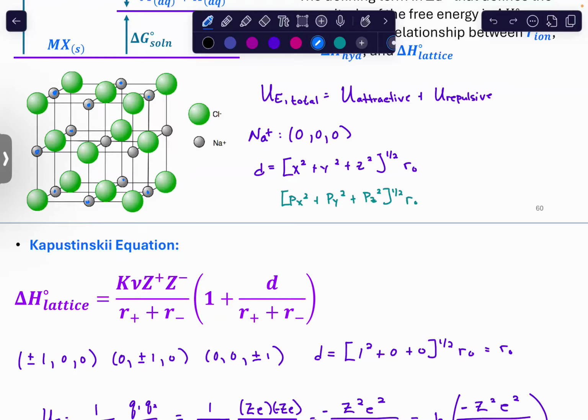Nope, don't count the center one. 11, 12. There we go. I almost put the center one in its own coordination sphere. Yeah, don't do that. Why not? Because you're measuring everything from that center. You can't have something coordinated to itself.